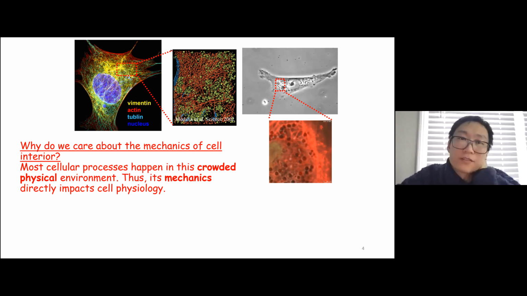So the question is, in such a highly crowded environment, apparently, whenever you move, you will face obstacles. So the mechanical property of the surrounding environment plays a critical role in determining how you move. But how exactly all the movement comes about, what energy is driving that, is another topic that we study.